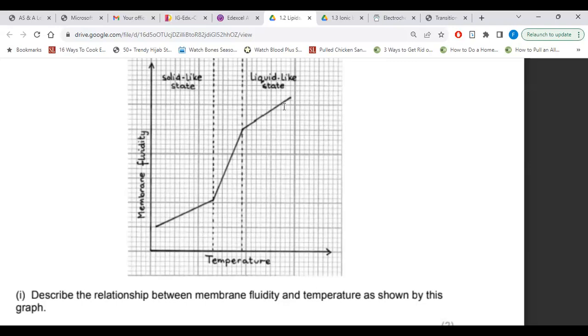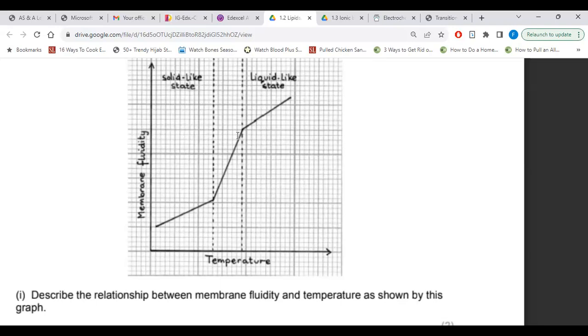The lines are a bit flat, but in the middle portion, the line is really steep. It's quite close to being vertical. So what does that show us? That shows us that for a small increase in temperature, the membrane fluidity has shot up. So I will incorporate this in my answer. I will say between the solid-like state and the liquid-like state, the membrane fluidity increases greatly for a small increase in temperature. I will mention that because, like I said, the shape of the graph is important.